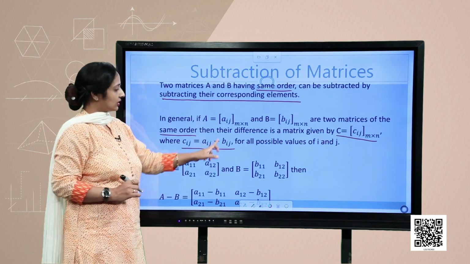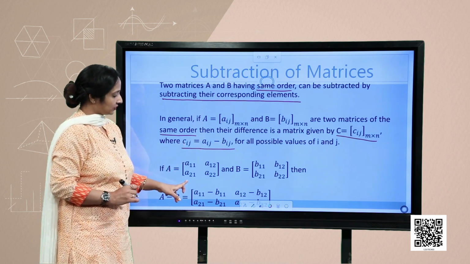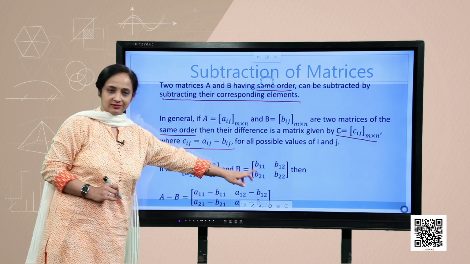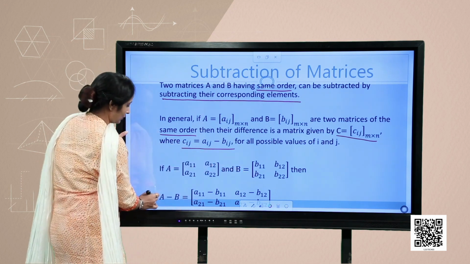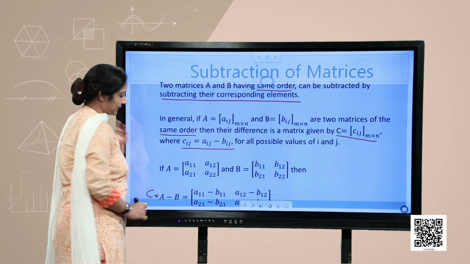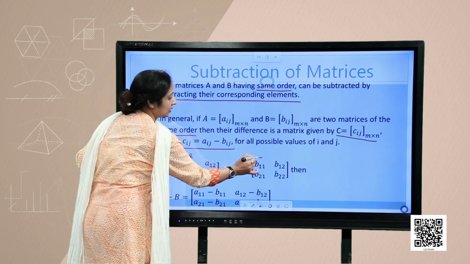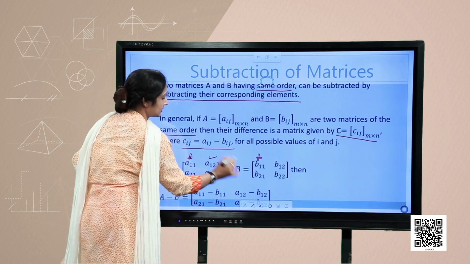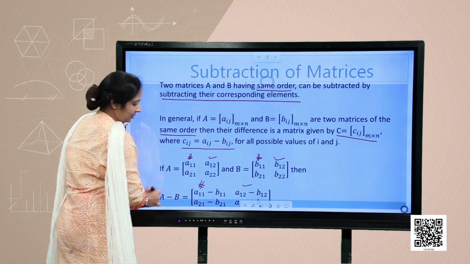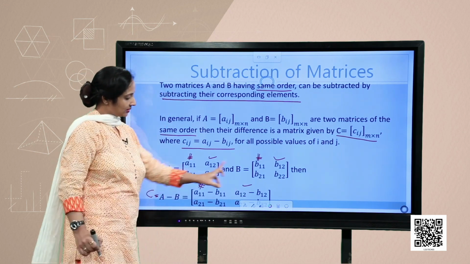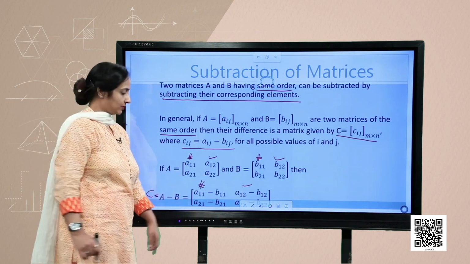That means i, j refer to the same position throughout. For example, if I have taken A as this matrix and B as this matrix, then matrix A minus B, or you can say matrix C, can be obtained by subtracting corresponding elements like this. Similarly, for the second row, you can subtract corresponding elements and you will get the resultant matrix.